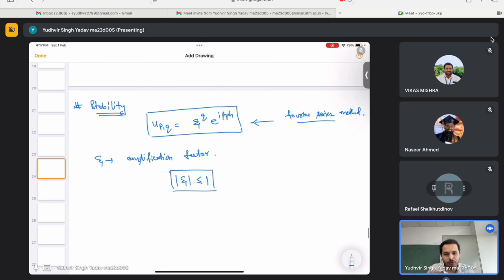Here we are using the von Neumann stability analysis method. This formula is obtained from the Fourier series method. Here xi denotes the amplification factor. We will basically be checking xi for every finite difference scheme, whether it is greater than 1 or less than 1. On the basis of that, we can say whether it is stable or unstable.